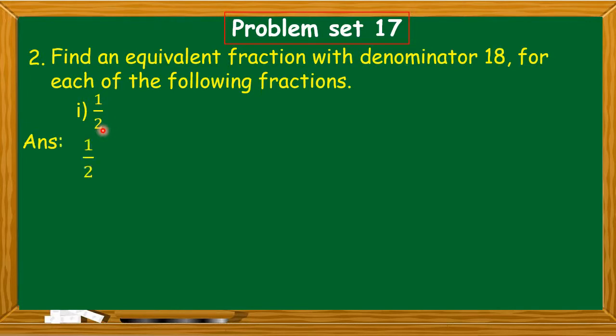So here we have the given fraction is 1 upon 2 and we have to find out its equivalent fraction having denominator 18. So let us find out the missing numerator.